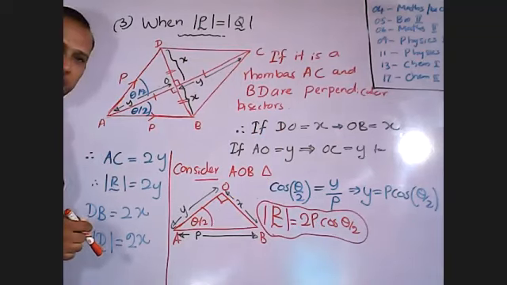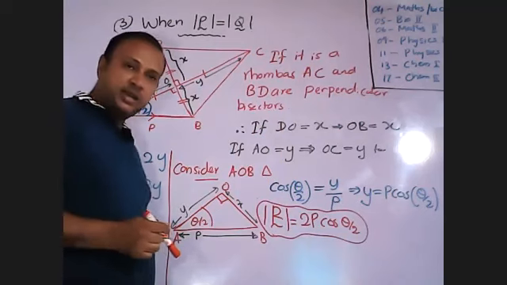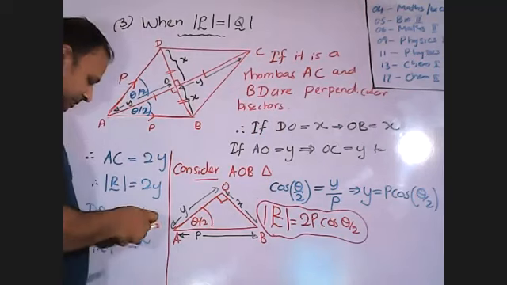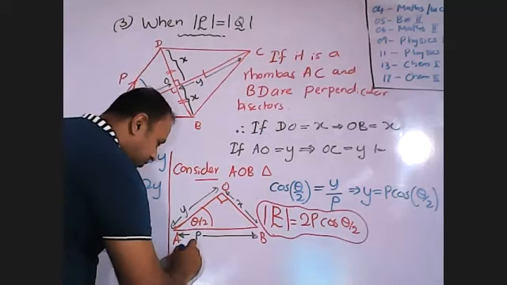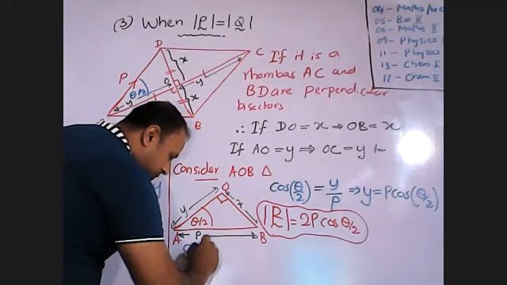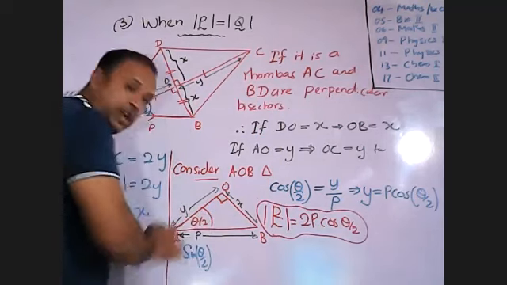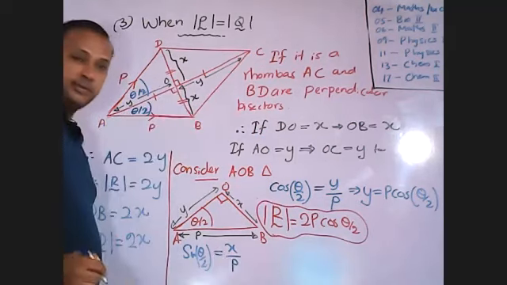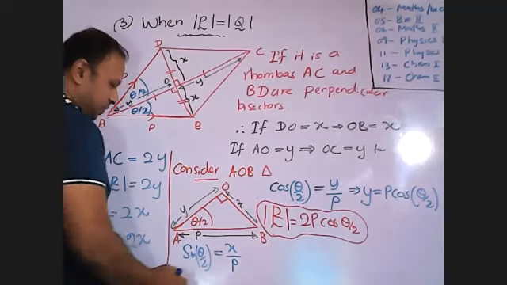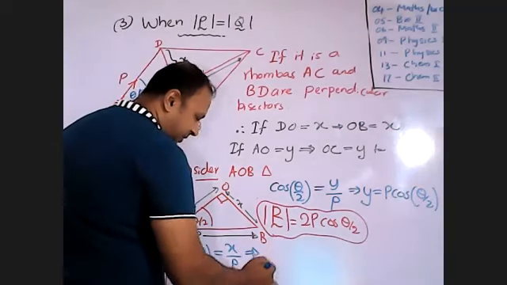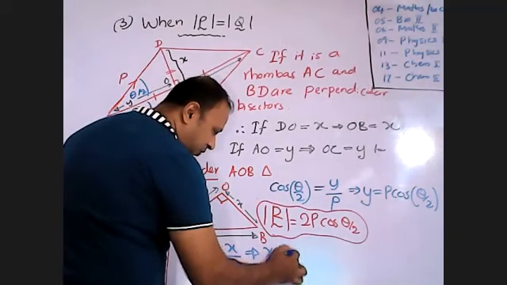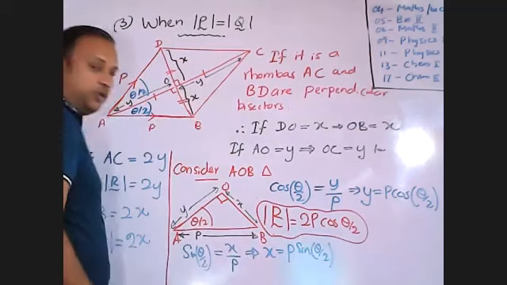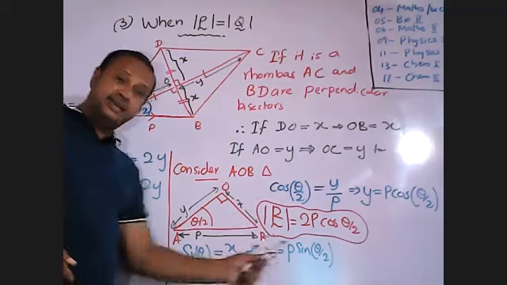You can do the same thing for subtraction, using sin theta over 2. Sin is the opposite side over the hypotenuse. The opposite side is X, the hypotenuse is P. So X is equal to P sin theta over 2.